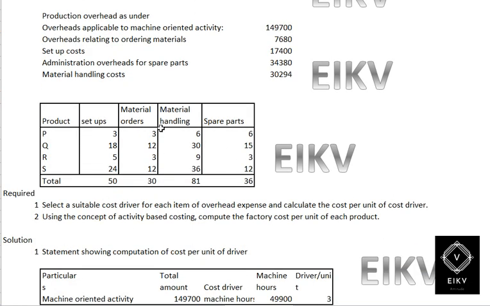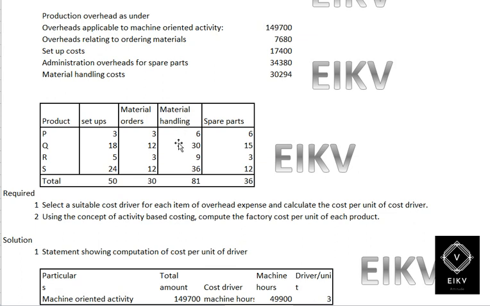So those are the details, and then we have another table which contains some of the details of the products. In this table we have 6 columns: product, and then we have setups, material orders, material handling and spares. For product we have the 4 products P, Q, R and S. Setups, which is 3, 18, 5 and 24.